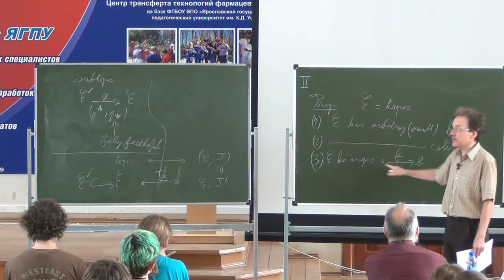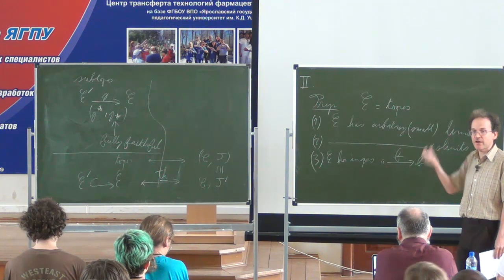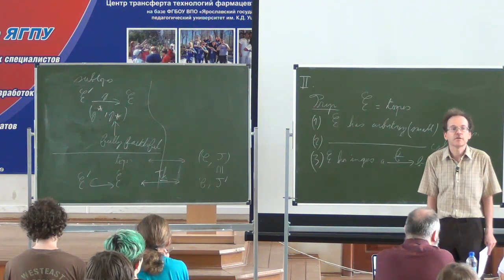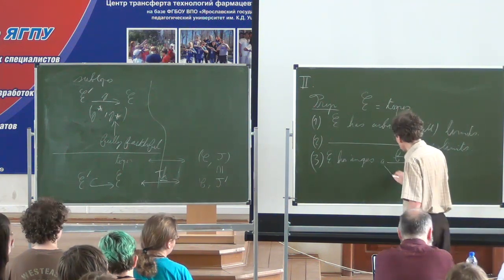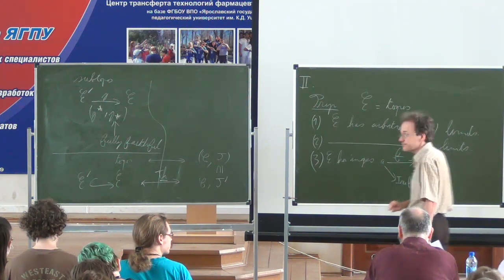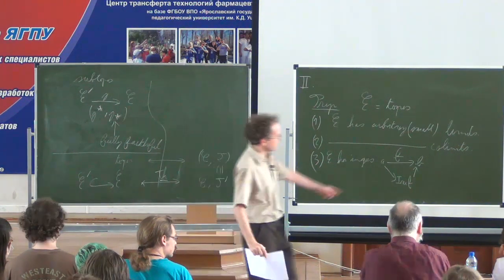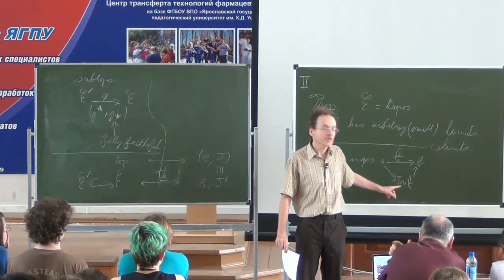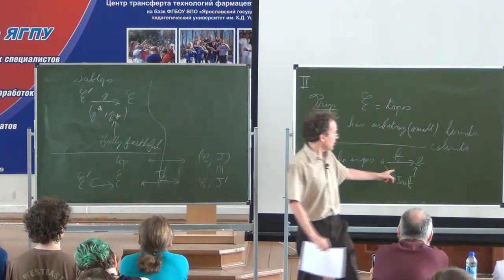And then the statement is that this collection of subobjects has an element which is smaller than all other elements. So it is called the image. Okay, so you can factorize this in this way. So here, this is a monomorphism, and this is an epimorphism. And this is called the image of f.